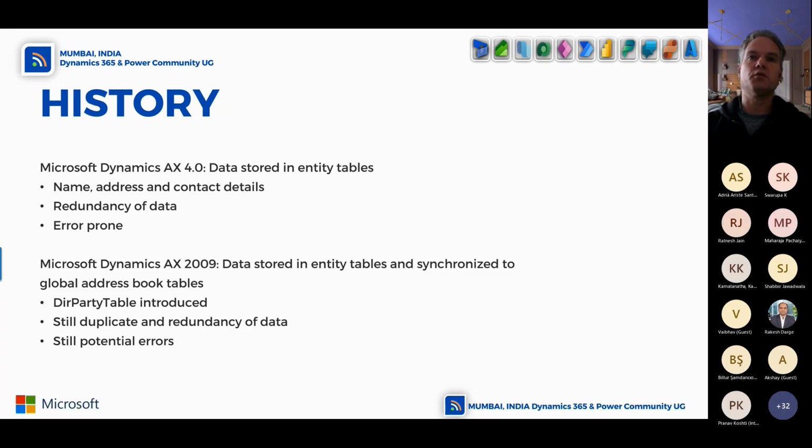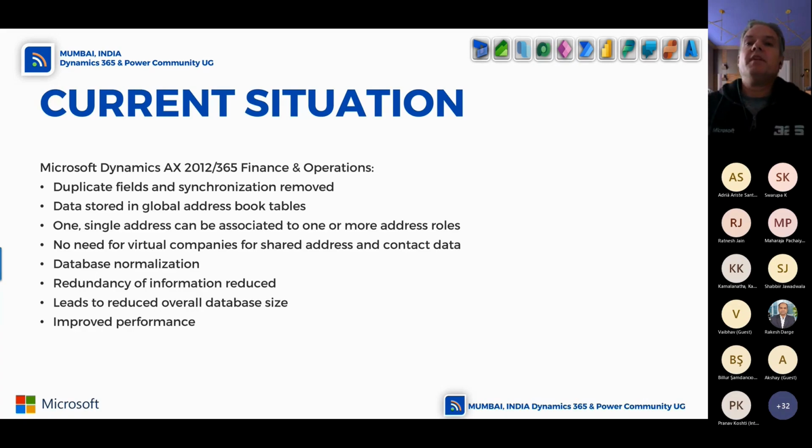When looking at the current version as of AX 2012, Microsoft just completed the work on it. Now all the information about the duplicate fields, tables and the synchronization has been removed.